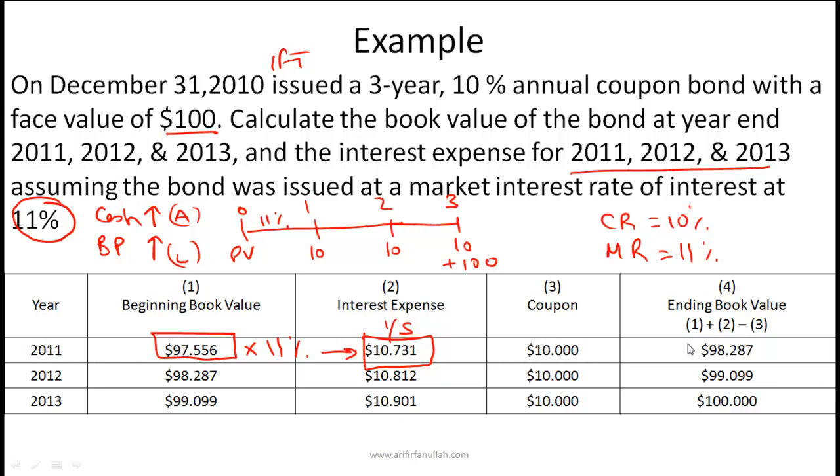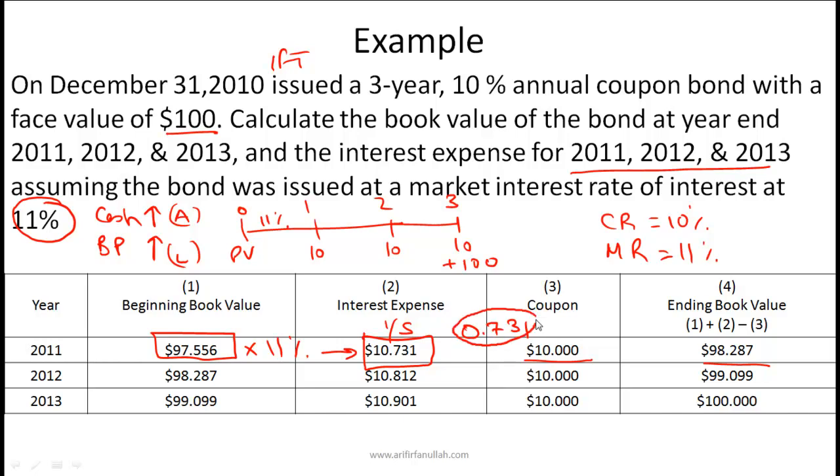Now, what is the book value of this bond payable at the end of the year? And that value is 98.287. How did we get this? The way we get this is we look at the difference between the interest expense and the coupon. So interest expense is 10.731, the coupon payment is 10.000, so the difference is 0.731.